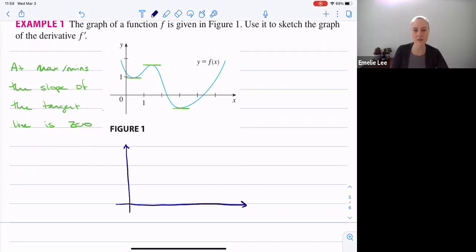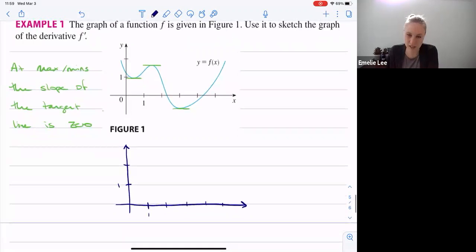Trying to use the same scale is hard. 1, 2, something like that. I've managed to put it close to a page break.